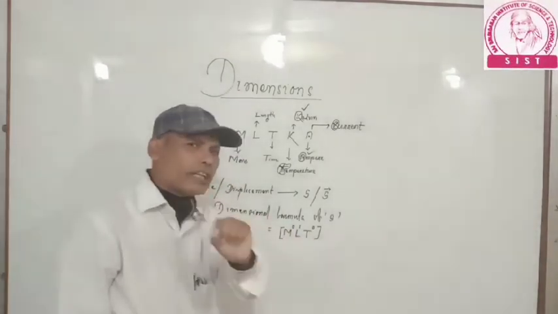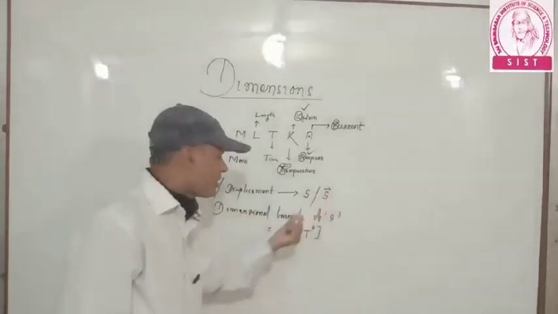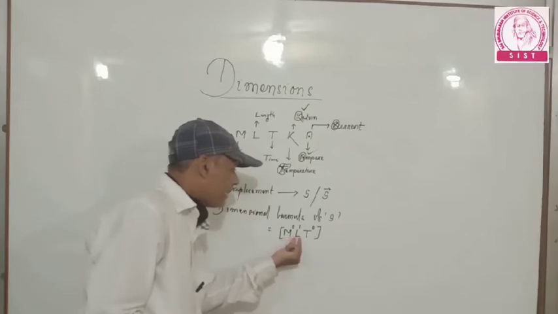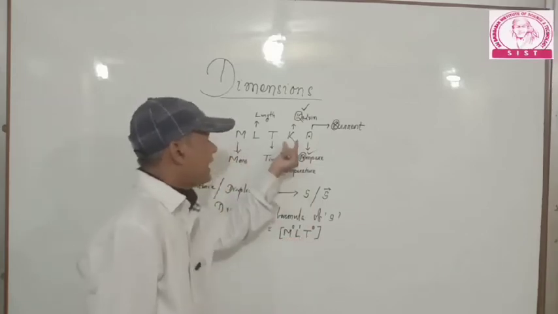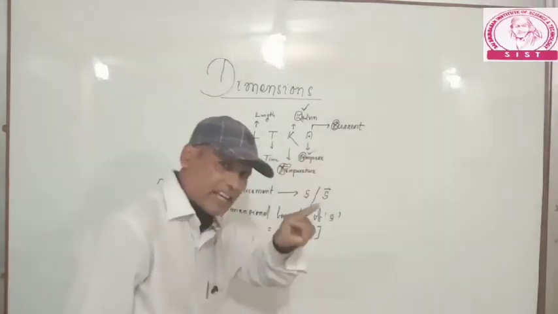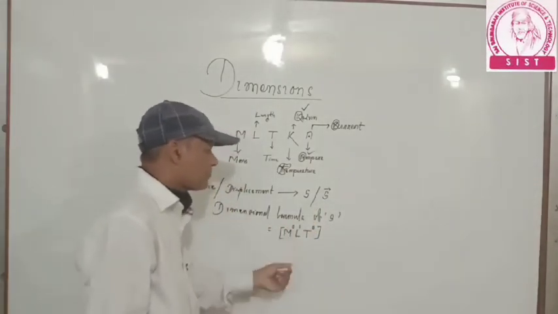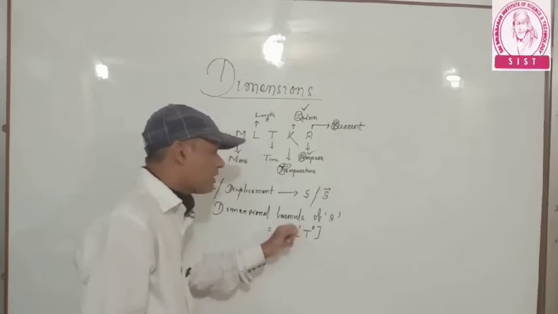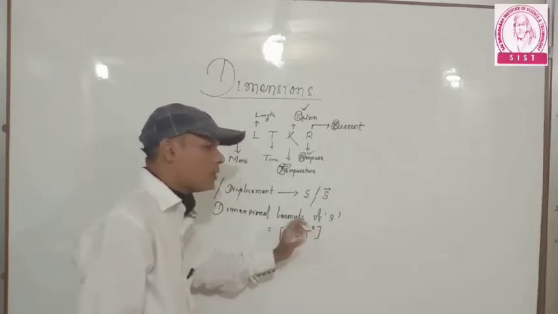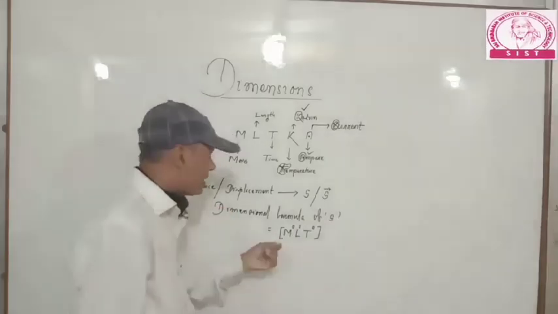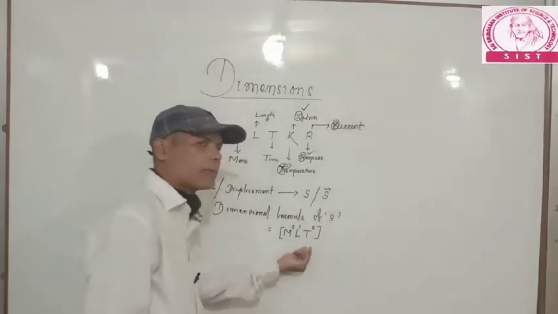Dimensions are nothing but the power to which m, l, t get raised. Now m raised to the power 0, l raised to the power 1, t raised to the power 0. That's why dimensions of distance and displacement is 0, 1, 0.